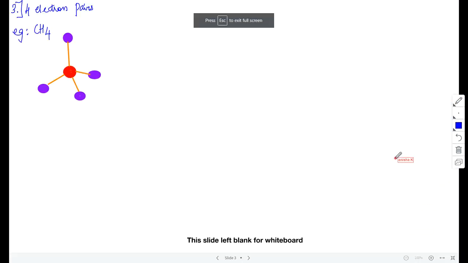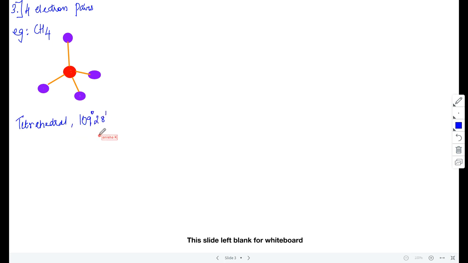So this is the structure of CH4. Okay, now all the electron pairs are bonding. Therefore, the name here is tetrahedral. Okay, the name of the shape will be tetrahedral with a bond angle of 109 degrees 28 minutes.